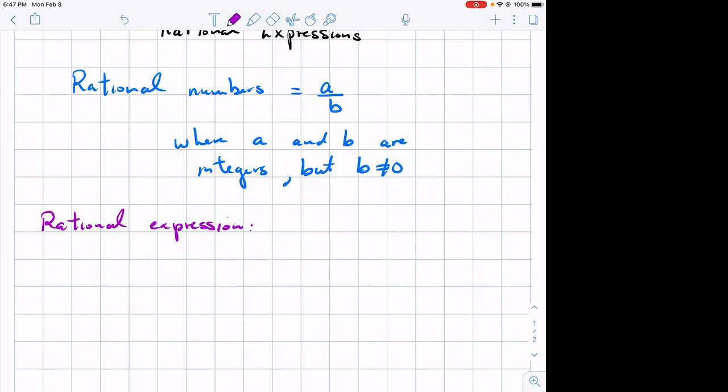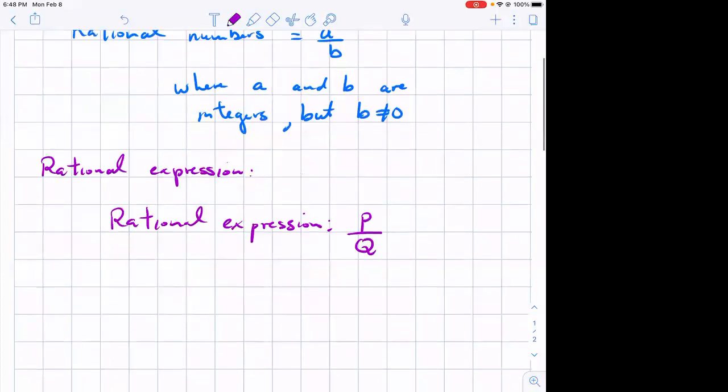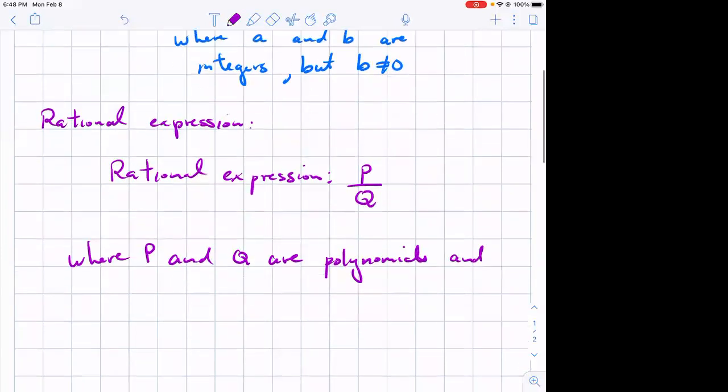We say that a rational expression is some sort of a fraction, P over Q, where P and Q are polynomials, and Q cannot be equal to 0.